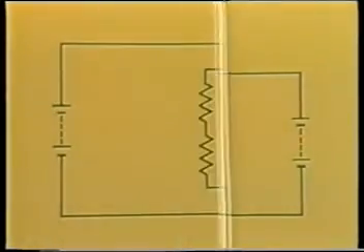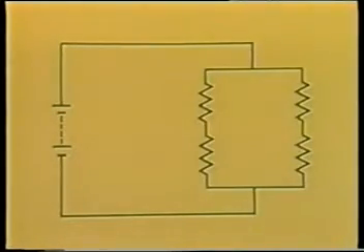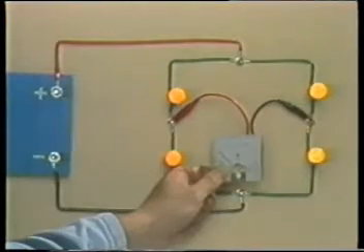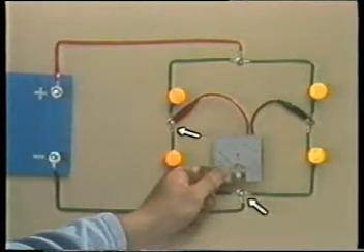Let's go to the next circuit. 4 lamps of identical resistance are connected like this in this circuit. Let's check the voltage at this point first. The meter indicates 0 volts. Can you tell why? Now, let's check the voltage at this point. And at another point.